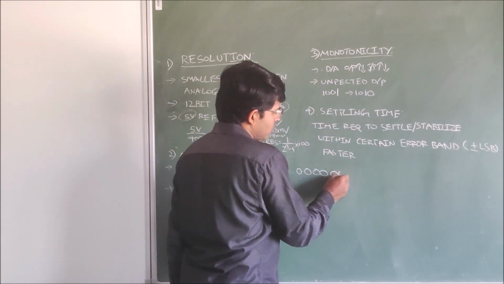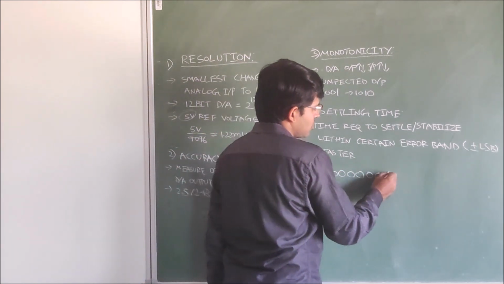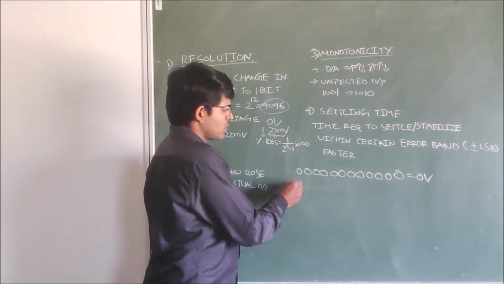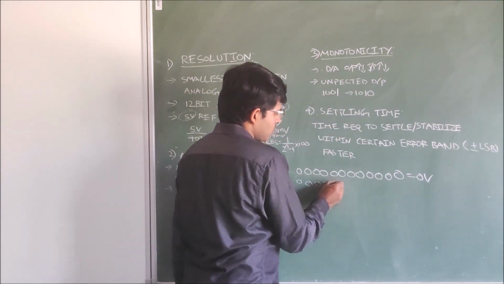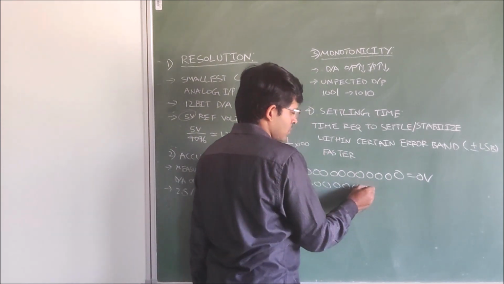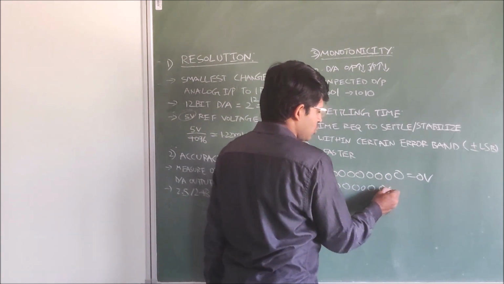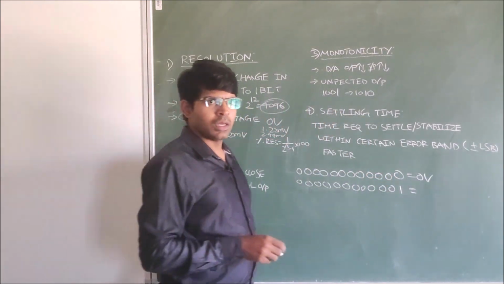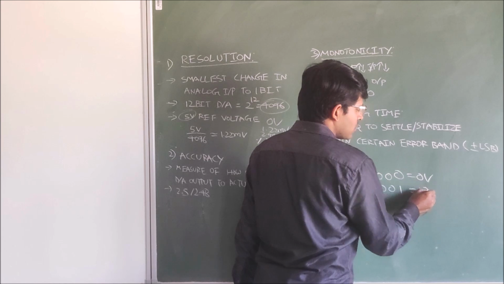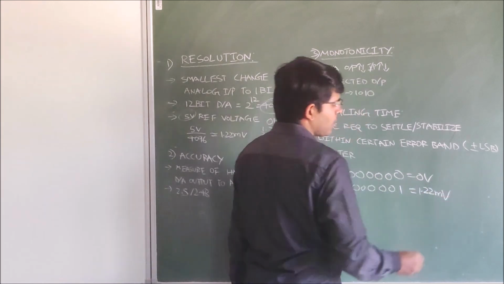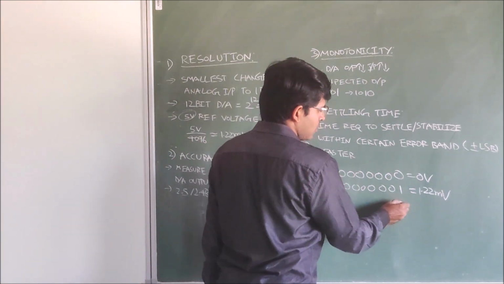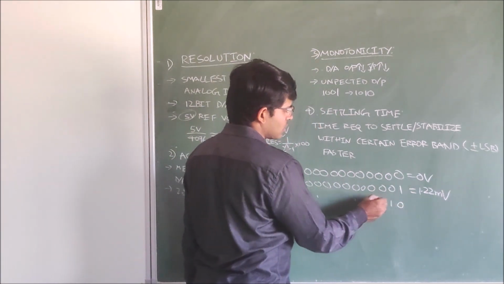All twelve bits 0 is equal to 0 volts. Now 0, 0, 0, 0, 0, 0, 0, 0, 0, 0, 0, 1. There is a change in 1 bit. Then the analog output is 1.22 millivolts. Next change, 1, 0, remaining all zeros.